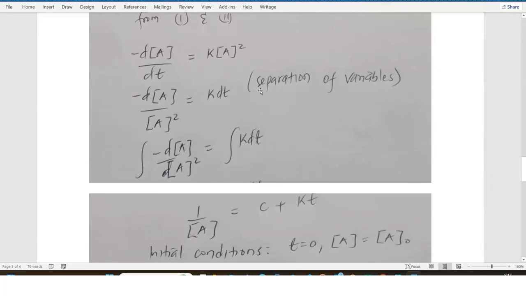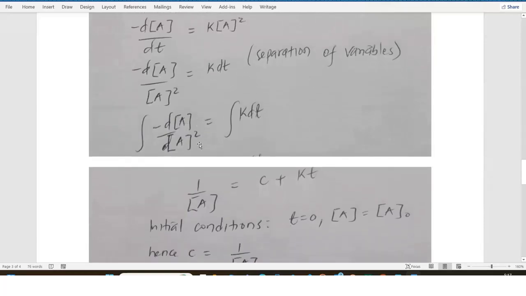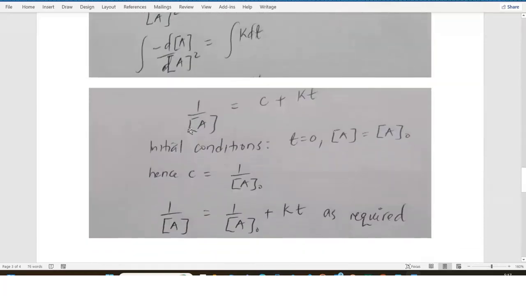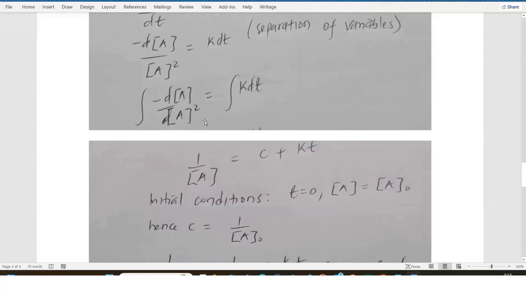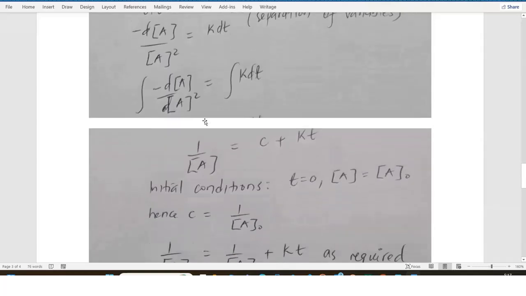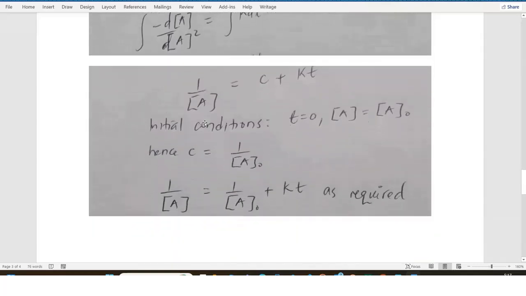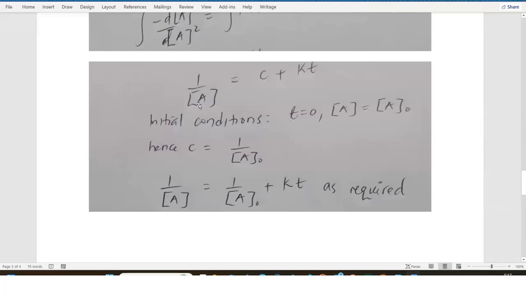So if I use separation of variables, I'll find myself introducing integrals. This is just how we solve ordinary differential equations, a simple case. So we find that 1 over the concentration of A equals a constant plus the rate constant k times t.